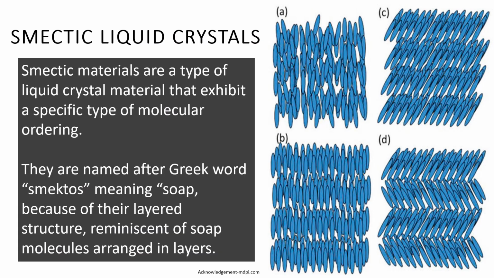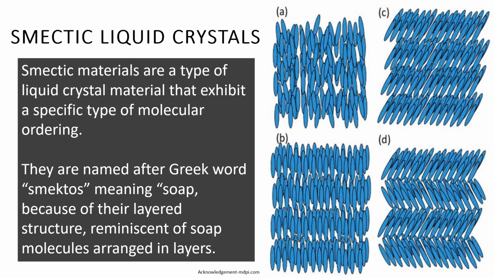Now let us see what smectic liquid crystals are. Smectic materials are a type of liquid crystal material that exhibit a specific type of molecular ordering. They are named after the Greek word smektos, meaning soap, because of their layered structure, reminiscent of soap molecules arranged in layers.